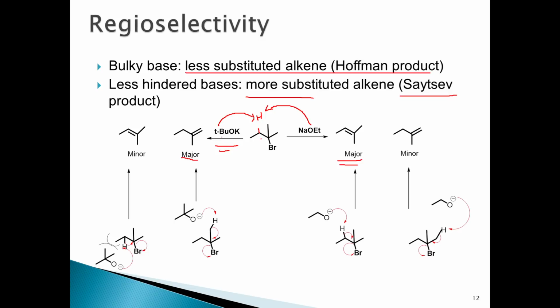So it will try and abstract these protons which are free, where there's no hindrance, so it can easily go to this proton and abstract it. That is why, as I've shown in the mechanism, this product is minor, because there's steric hindrance, so the butoxide group cannot abstract the hydrogen over here. And that is why for bulky bases we have the Hofmann product, and for normal bases we have the Saytzeff product.